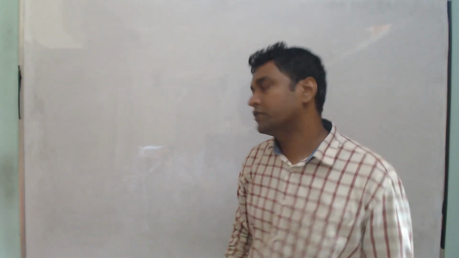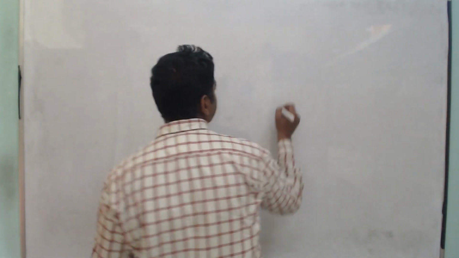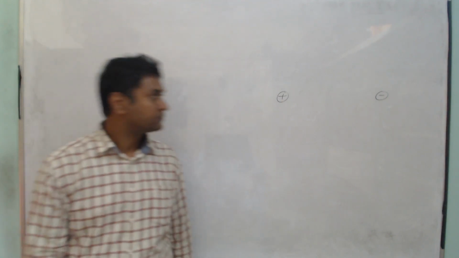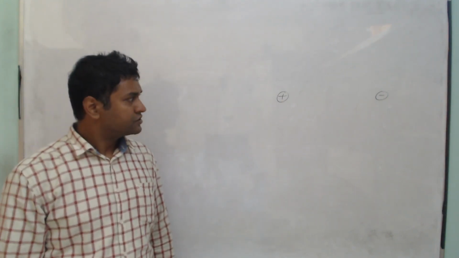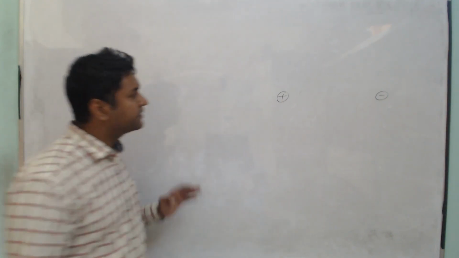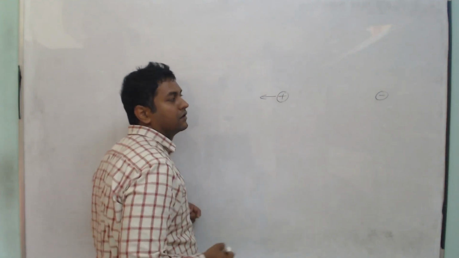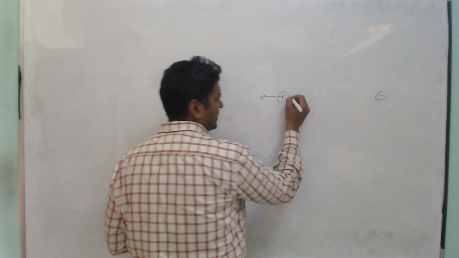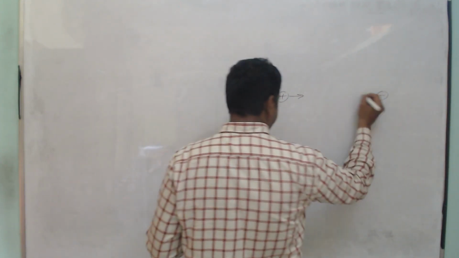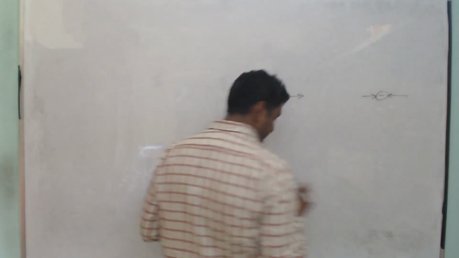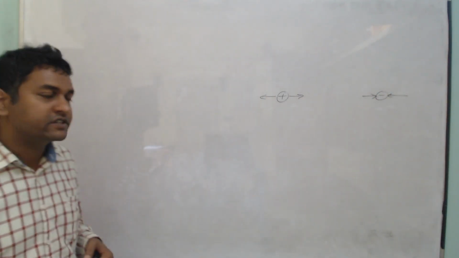Now let us go for a combination of a positive charge and a negative charge. Positive charge will send the field lines away from it, whereas the negative charge will get the field lines towards it.